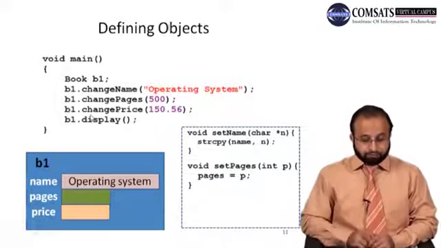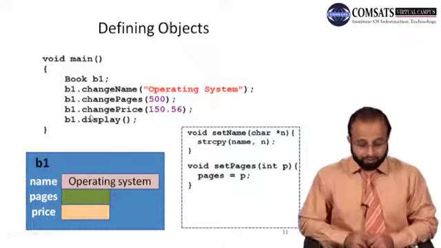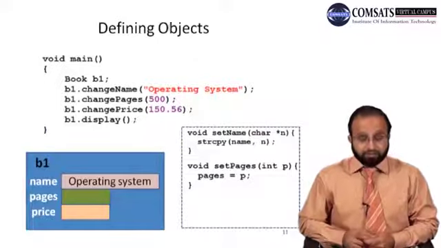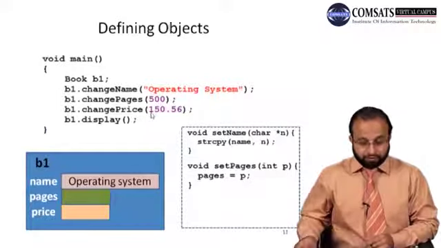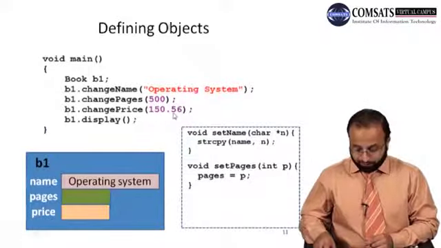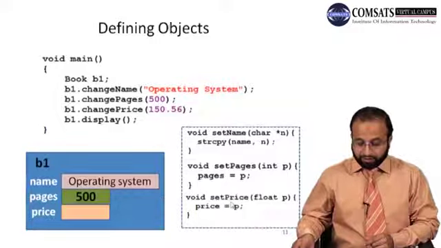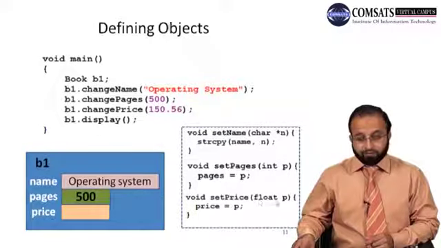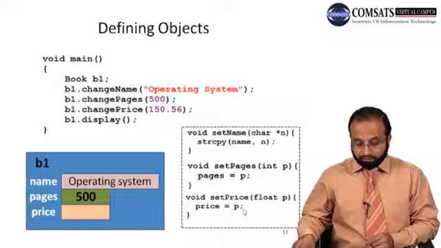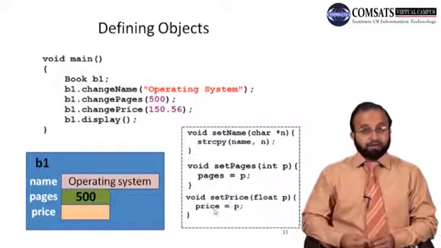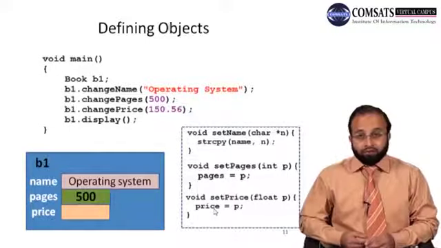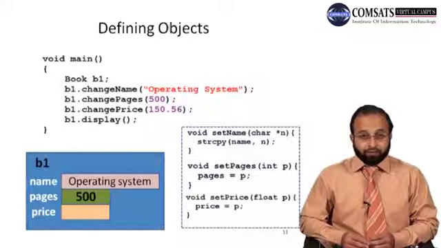Then on the fourth line there is a function b1 dot change price. You are passing some value to that function, and this is the function. So the value will be assigned over here, and this is the function set price. You are passing 150.56, so 150.56 will be assigned to price, and price is a private data member of the object of class book.